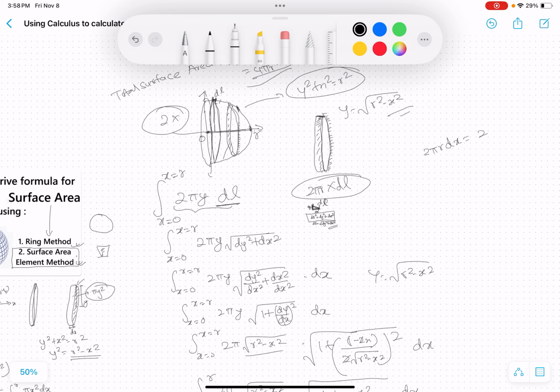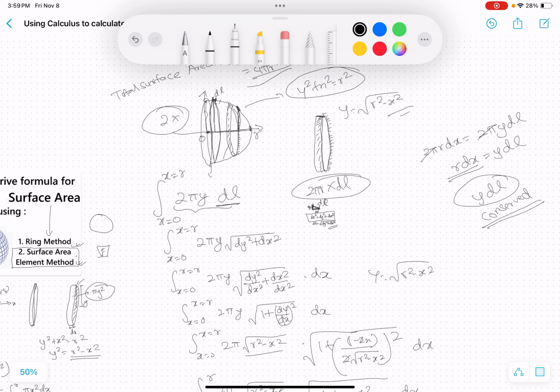So that means at every point r dx will be equal to y dl, and r dx is the same everywhere, so y dl is actually conserved. Whoa, y dl is actually conserved. That's a good observation, right? So at every point this y value times this dl is always the same, and that's actually equal to r dx, because yeah, over here it was r dx, right?